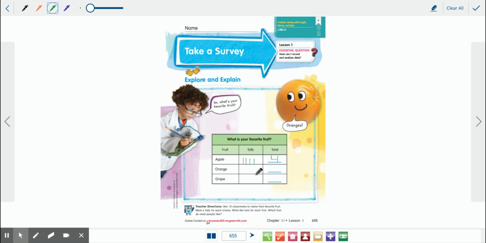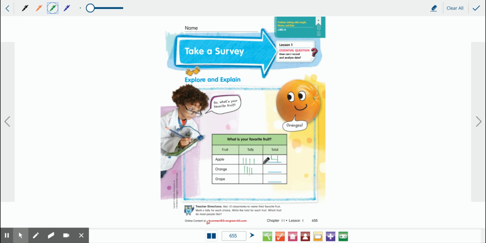We're going to say that 7 students chose oranges. 1, 2, 3, 4.